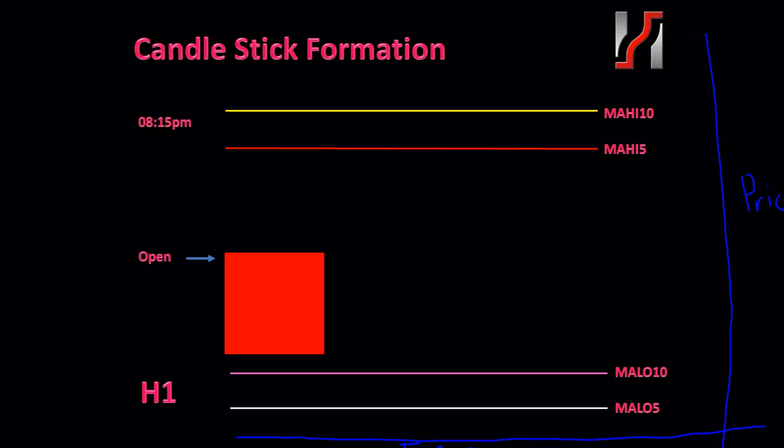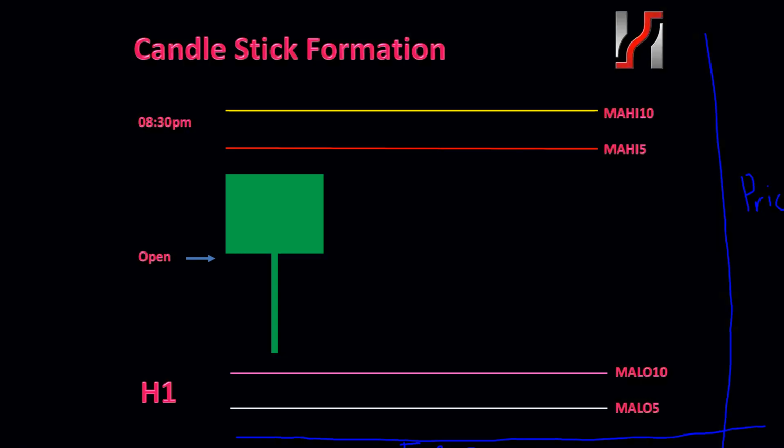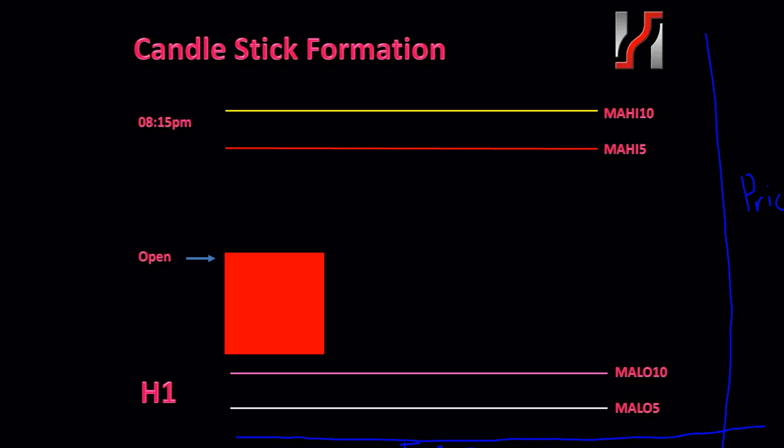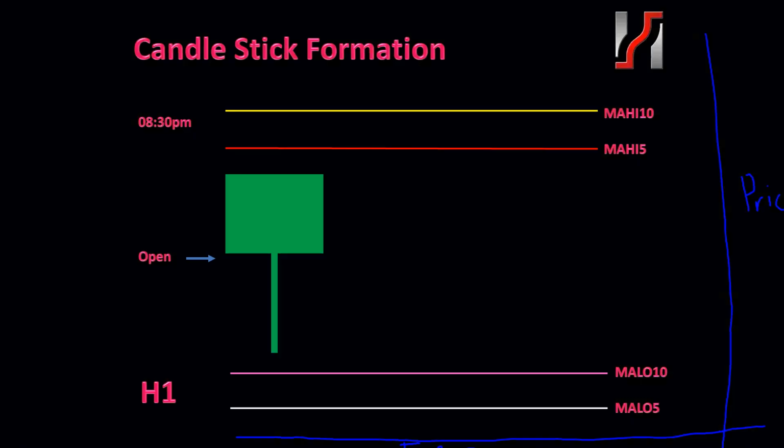So let's say the price went down to about 80 cents. Another 15 minutes passed by, the price rose up to $1.20. Okay, and what it does is that the initial sell candle, it looks like a sell candle, becomes a buy candle.